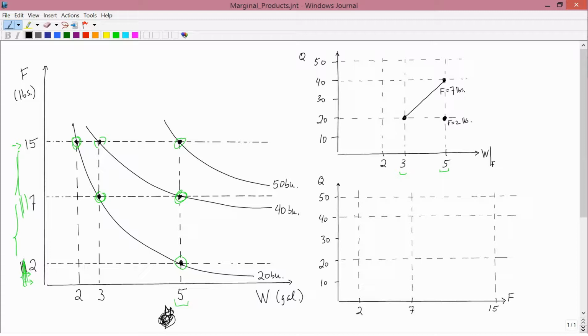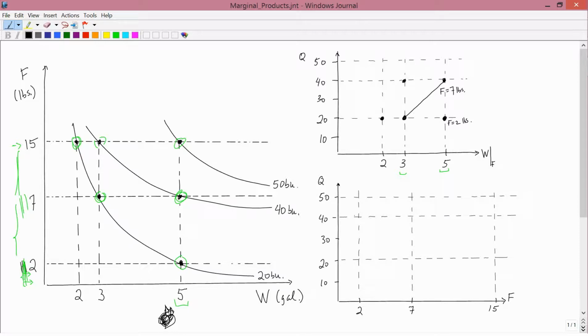So on the upper right hand graph, when W equals 2, you can produce 20 bushels. On the left hand graph, when W equals 3, you can produce 40 bushels at F equals 15, so 3 and 40.